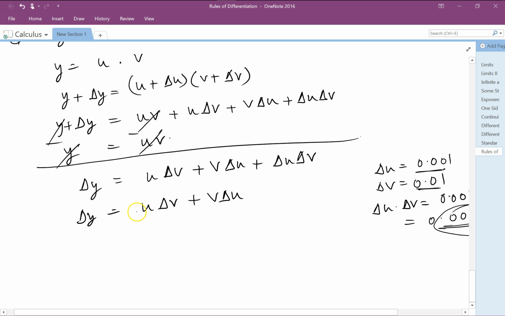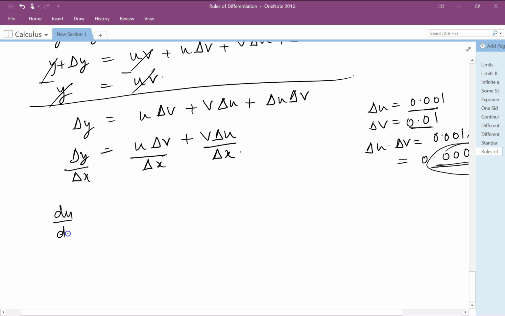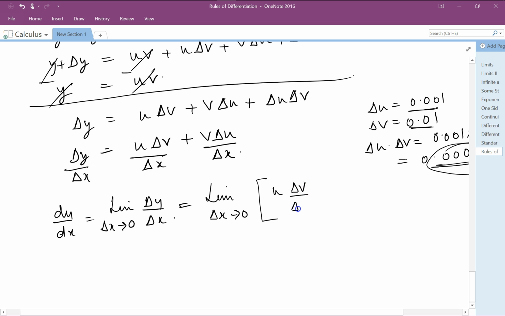Now we need delta x. So divide everything by delta x. Now dy by dx would be what? Limit as delta x approaches 0 of delta y by delta x, which is the limit as delta x approaches 0 of u delta v by delta x plus v delta u by delta x.